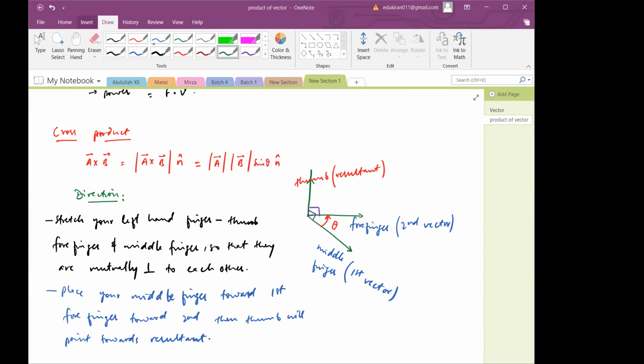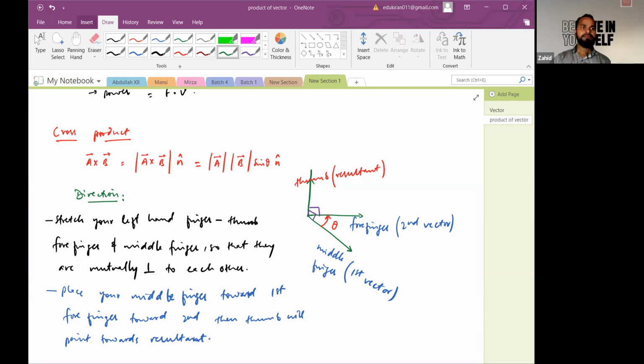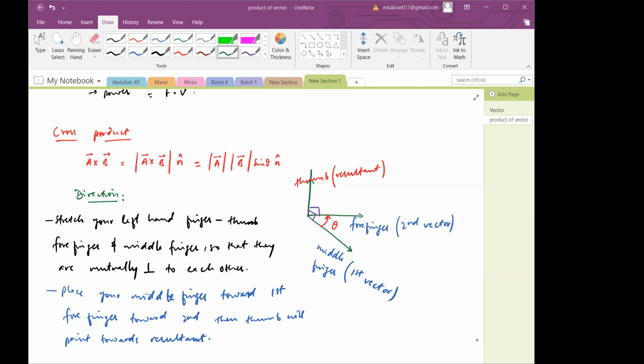Yes, sir. Just write it down till this part.